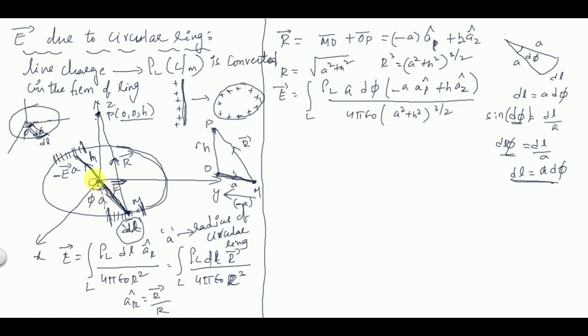So one along the positive xy plane, then the second will be along the negative xy plane, so negative in direction. So both will be cancelled off. So along this rho direction, that is a rho cap, the electric field intensity is going to be cancelled out.